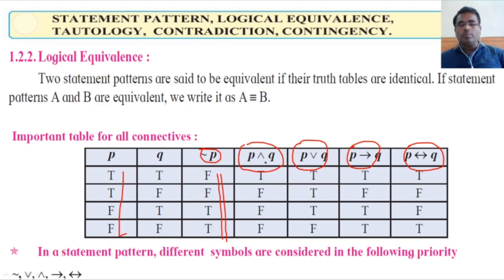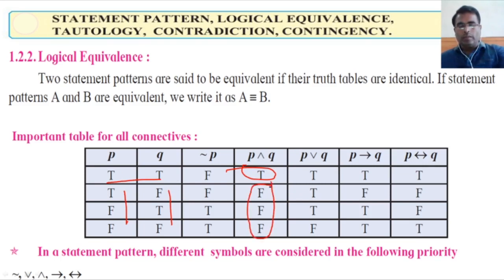Then in case of conjunction, we know that if both the statements are true, then only the resultant is true. Otherwise, for all other combinations of P and Q, the statement remains false. Then we have seen disjunction. For disjunction, the statement is false if both the statements are false, and in all other cases it remains true.